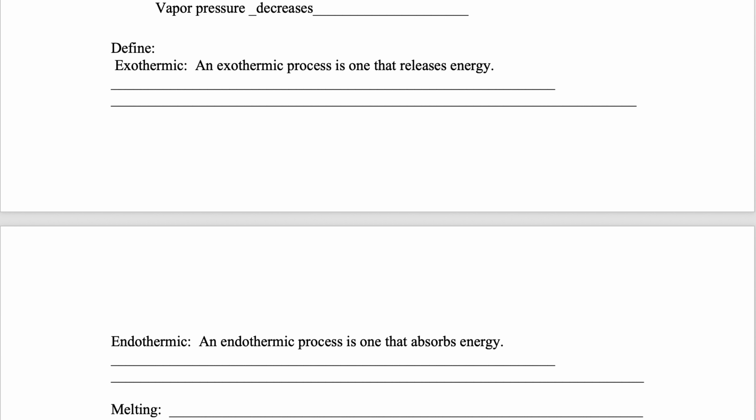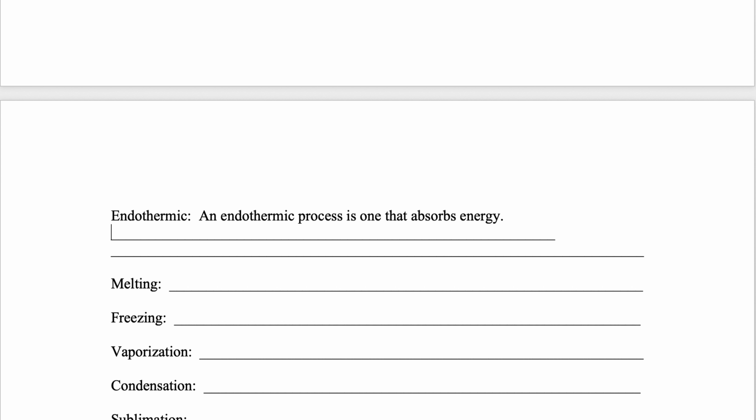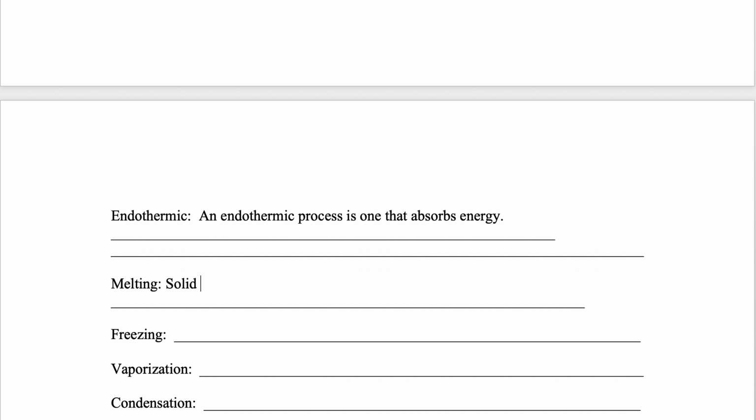If you have an endotherm in your hand, it will feel cold. The reason it feels cold is the process is absorbing energy in the form of heat, and your hands are the source of that energy, so it makes you feel cold. So melting is the phase change associated with going from a solid to a liquid.